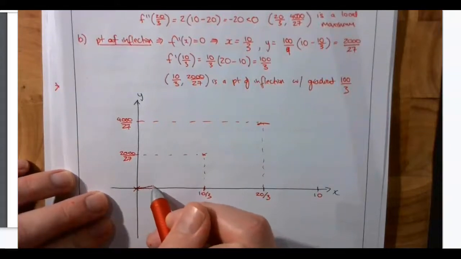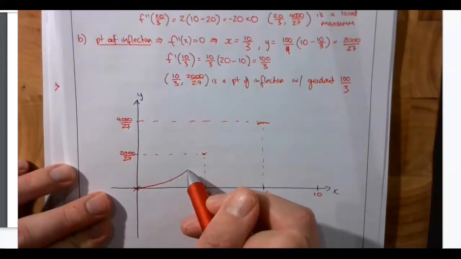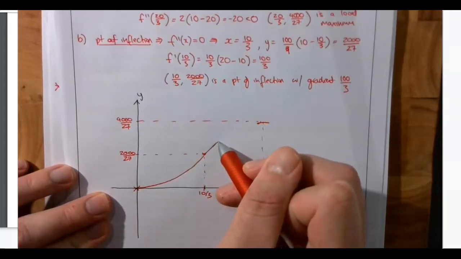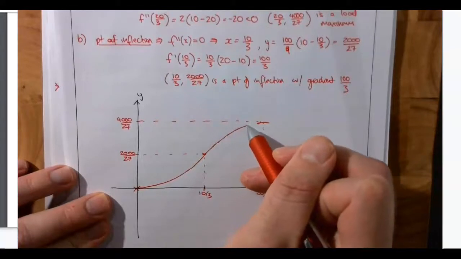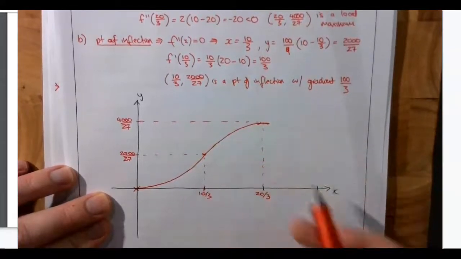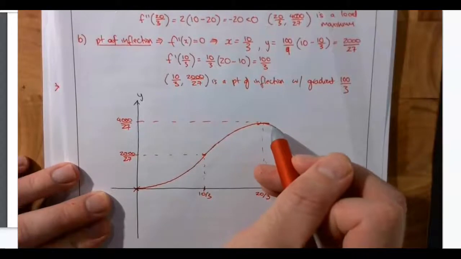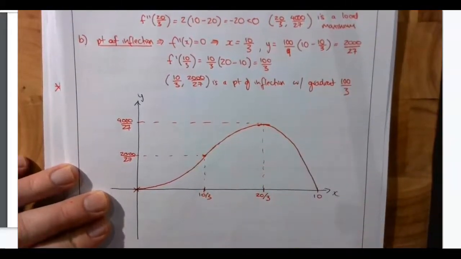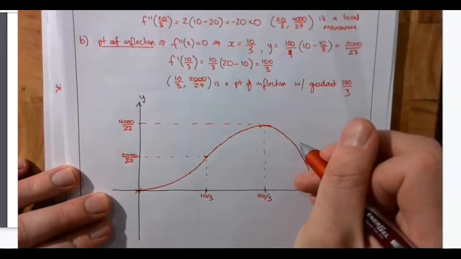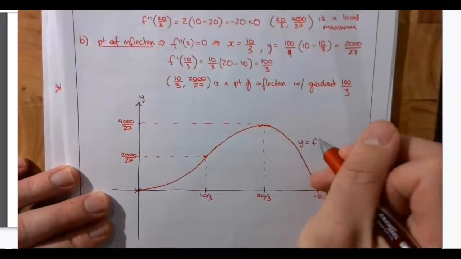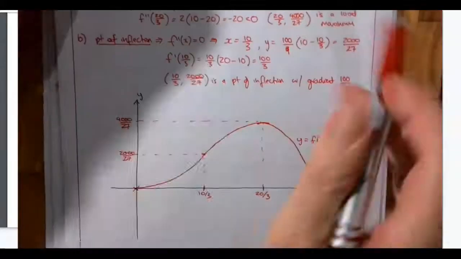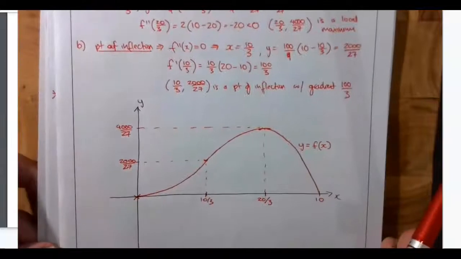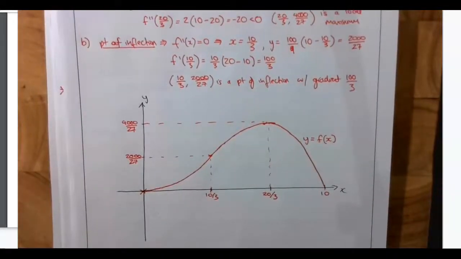We have a very steep point of inflection where it starts to change at 10 over 3, and then we come up for the local maximum, and the second root is at 10. So this function here is y equals f of x over the very specific domain that they've asked for. So that's one part of it.